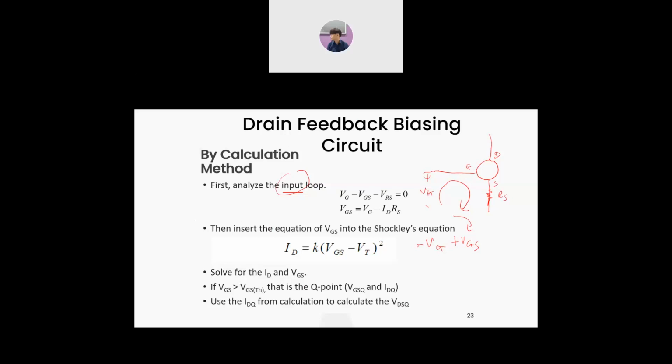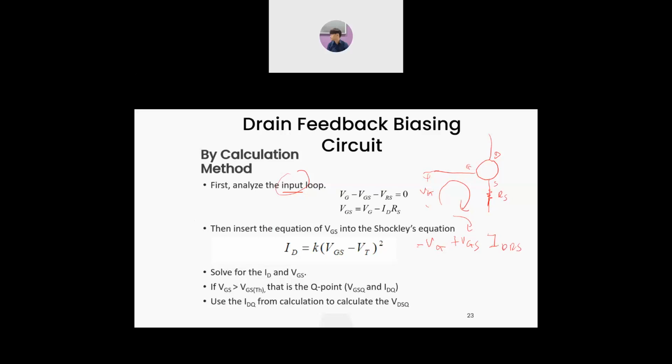And then you have IDRS. This also depends on what kind of channel you get, whether an N channel or a P channel, because there is a difference in the direction of current.